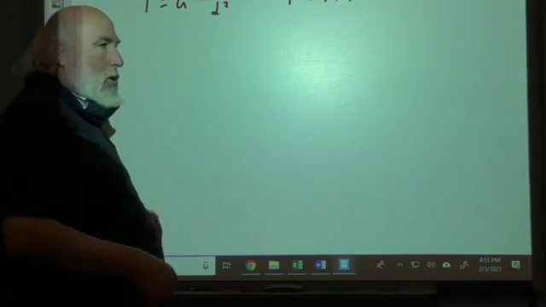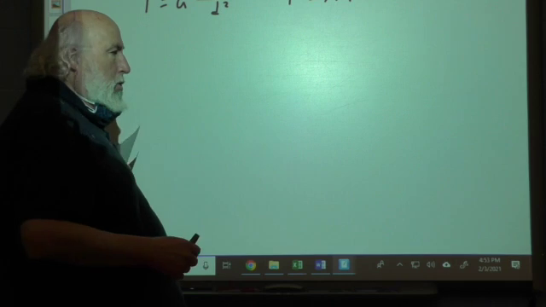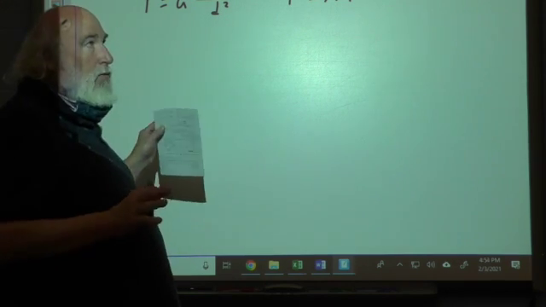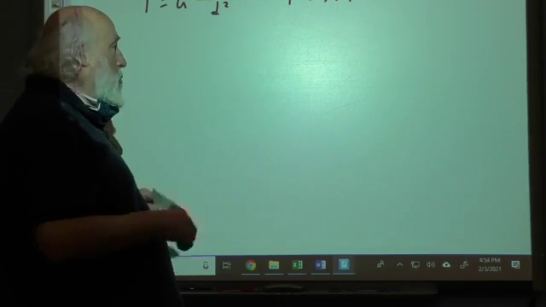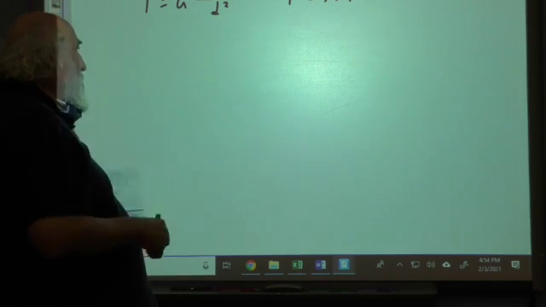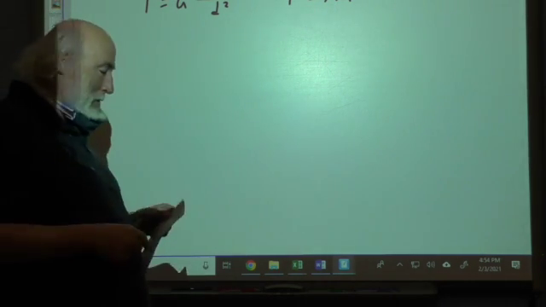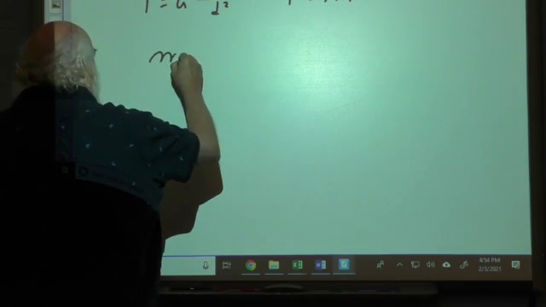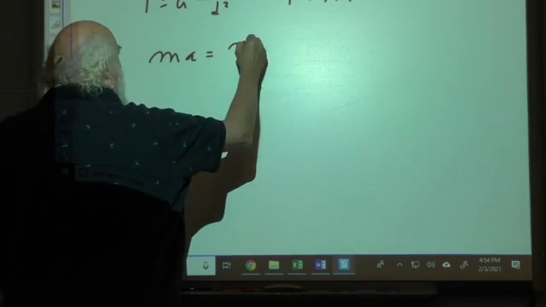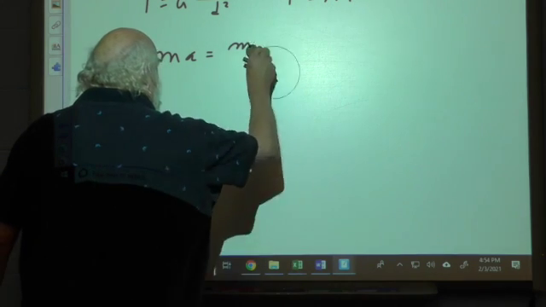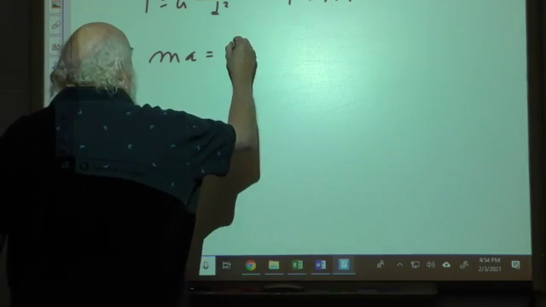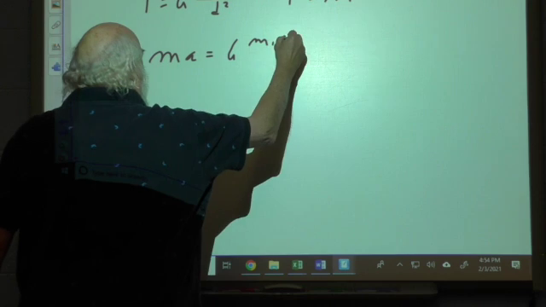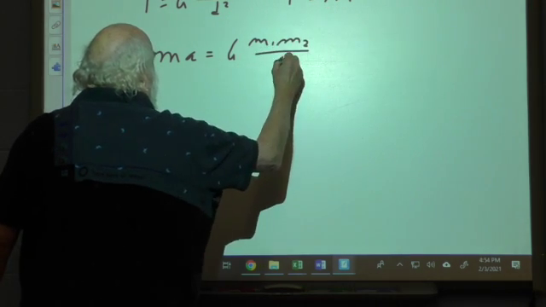That's Newton's second law of motion. All right, so I'm going to set these equal to each other. So ma equals G m1 m2 over d squared.